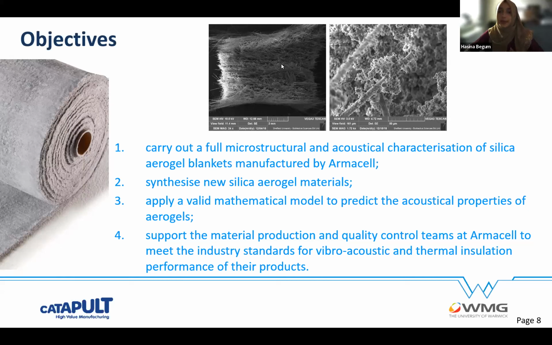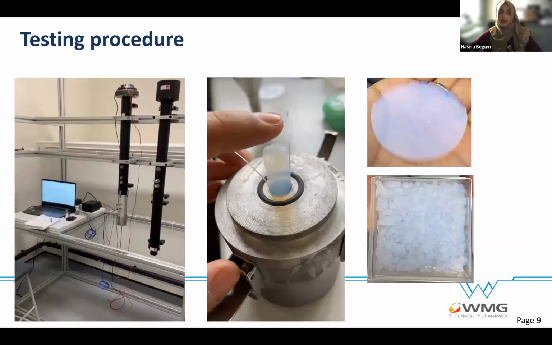Maybe it's not as clear on the slideshow, but there are actually very small holes or pores within the structure, all around the structure. And it's because of these pores that we see very strange or interesting behavior when we introduce an acoustic wave through the material.